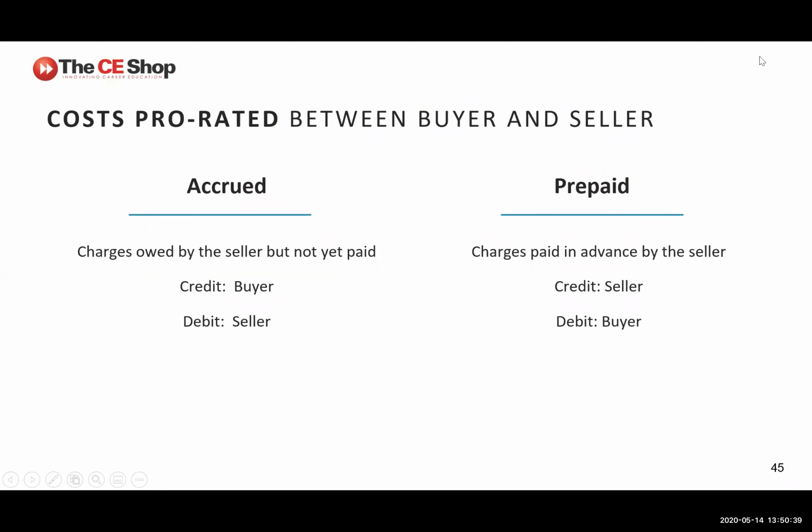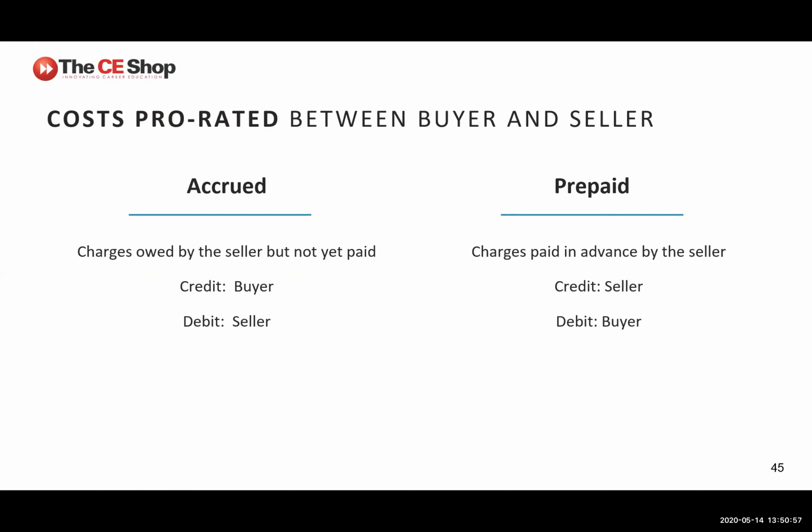Okay, prorated costs between buyers and sellers. Usually you're talking either tax or insurance for these questions. It's basically charges that are going to be paid and credited in one direction or another.